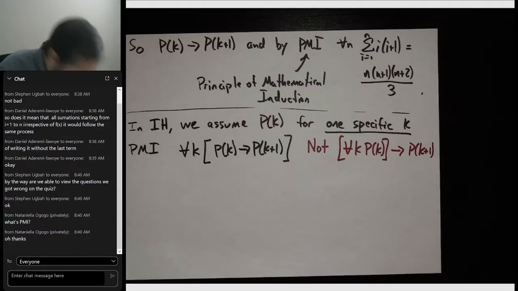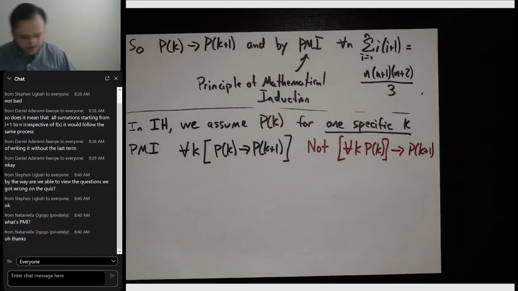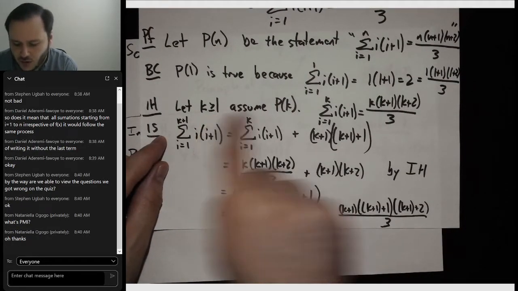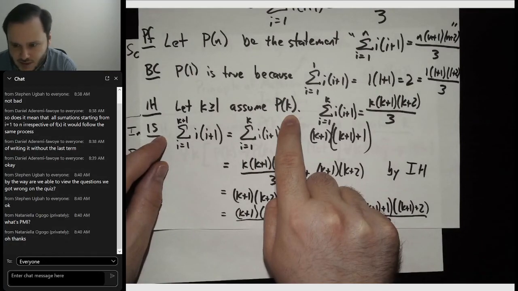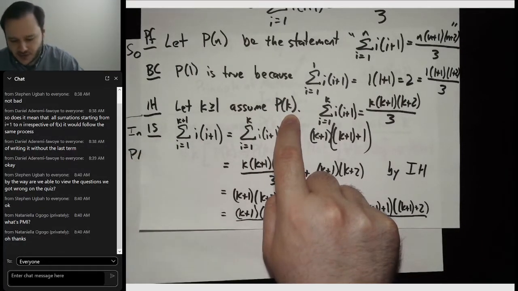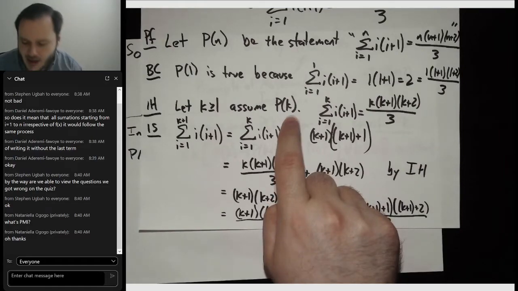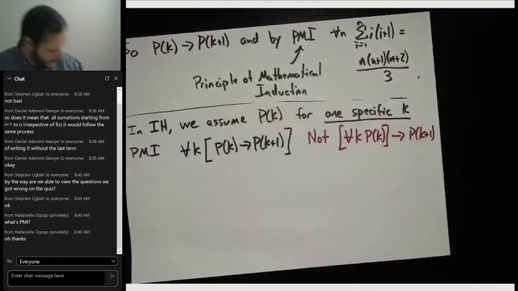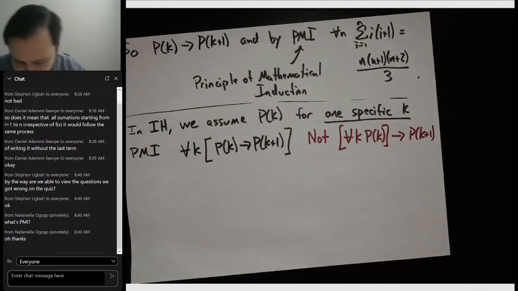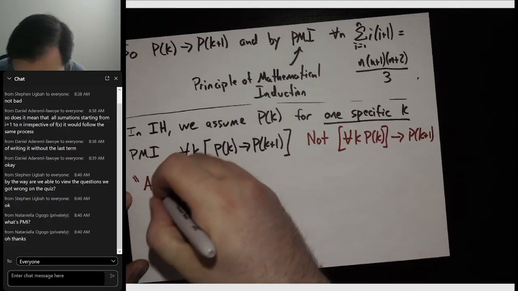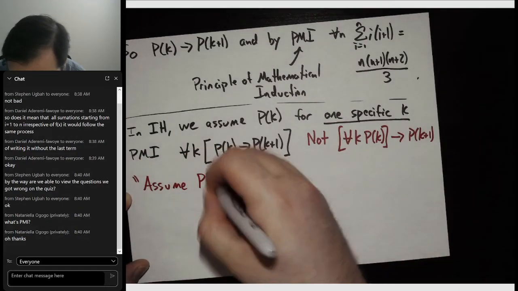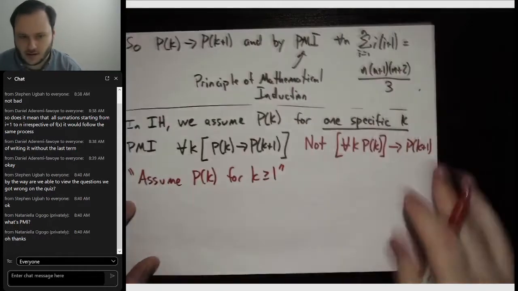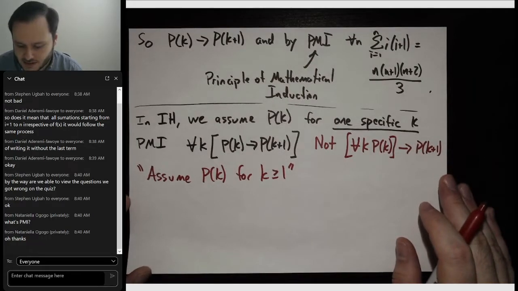So when we look at our example, we're picking a particular k greater than or equal to 1 and assuming that P of k is true. That is very different than writing something like, assume P of k is true for k greater than or equal to 1. If you wrote something like this, that's wrong. You will lose marks for writing something like this.